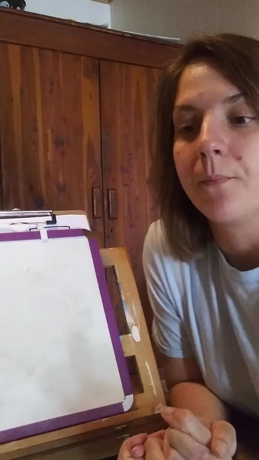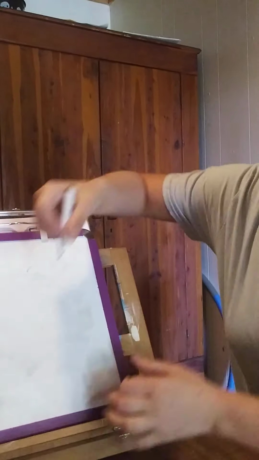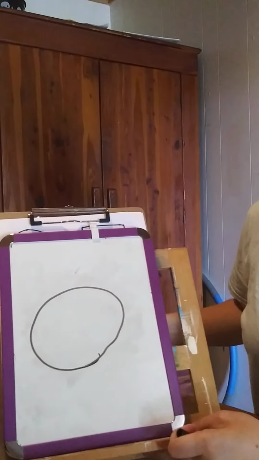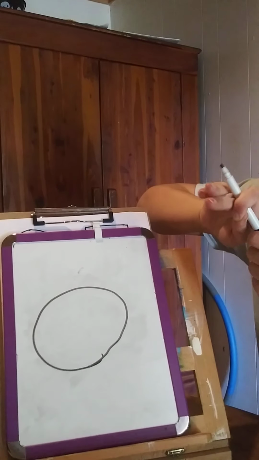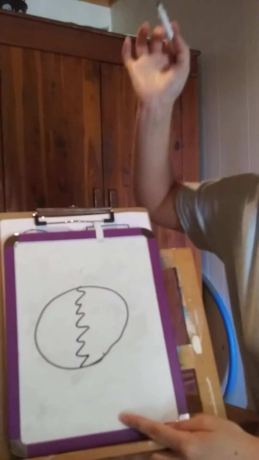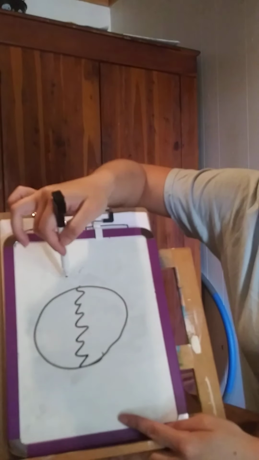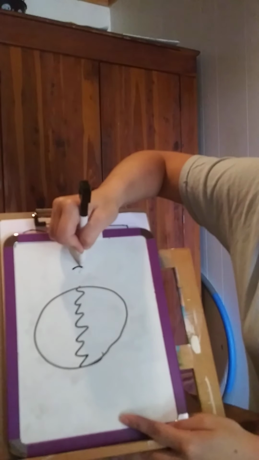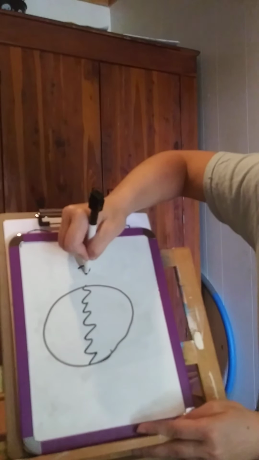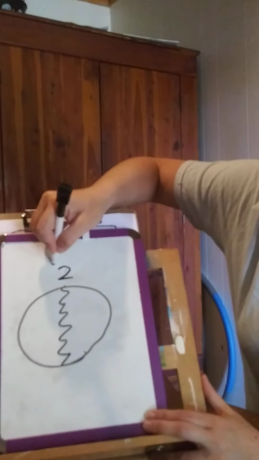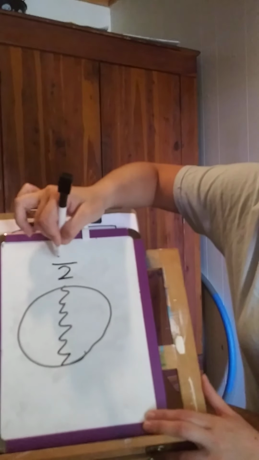Okay, so let us say this is a cookie. And in this cookie, two people want to share it. So now it is one cookie but with two parts. So you put a 2 down here for your denominator, and then you draw whatever number.